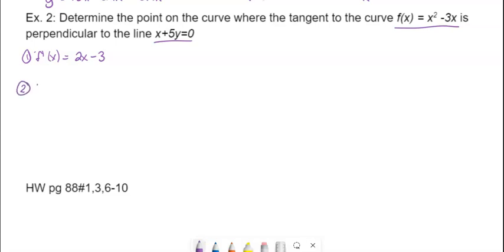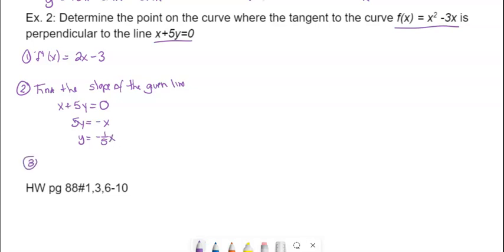Next, I want to find the slope of the given line. So this is my given line. So I just need to rearrange this so that I have it in slope y-intercept form.